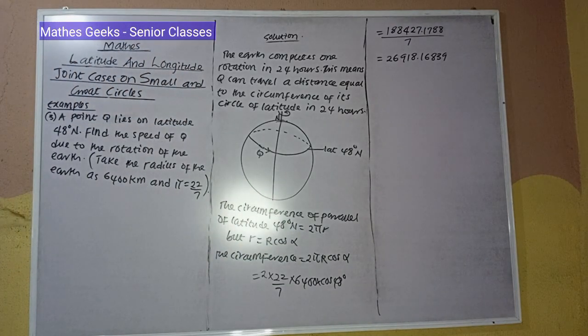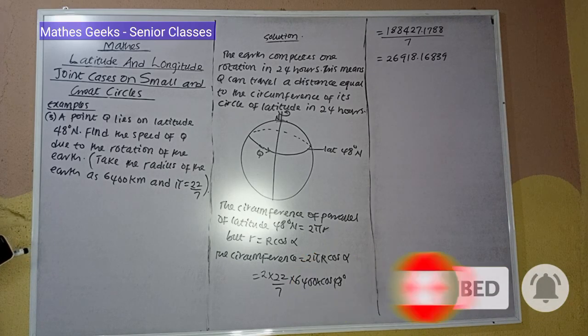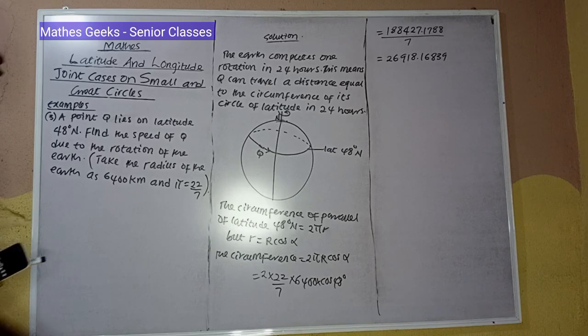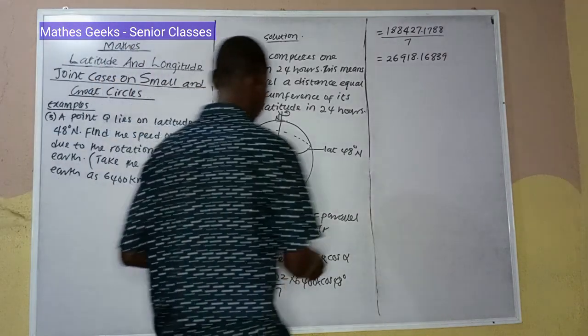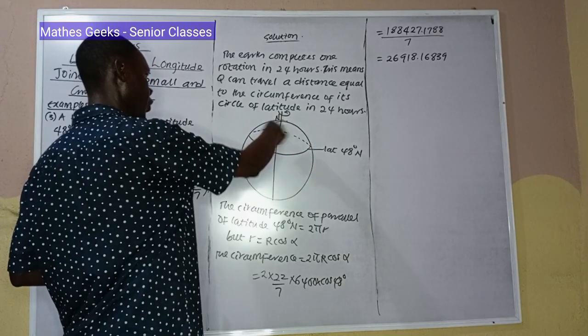The question says we should find the speed of Q due to the rotation of the earth. Speed is equal to distance over time, and here the distance is the circumference of this small circle.